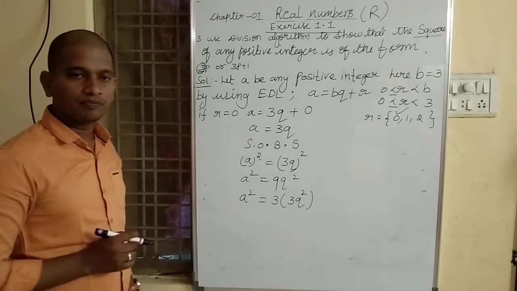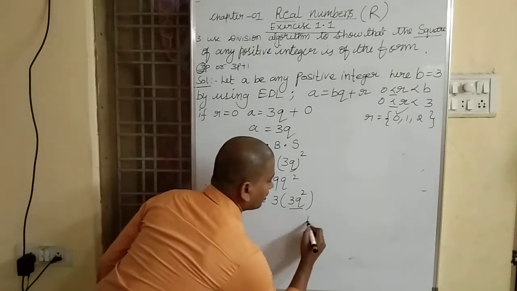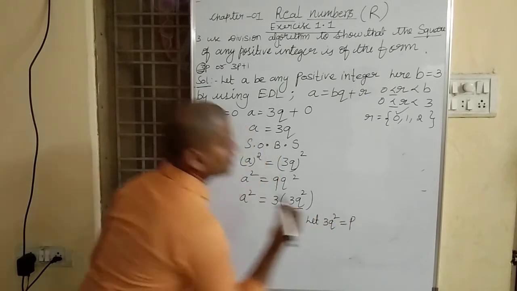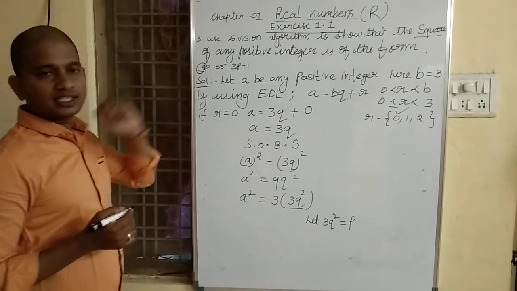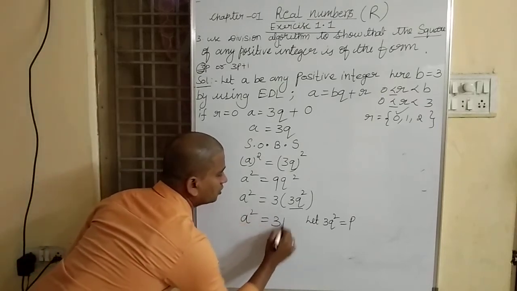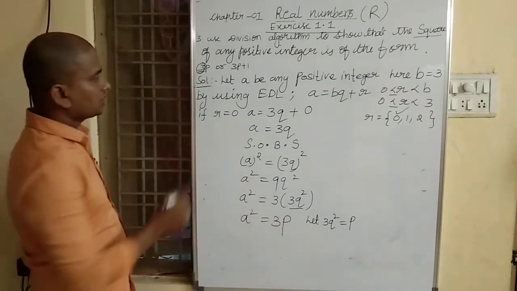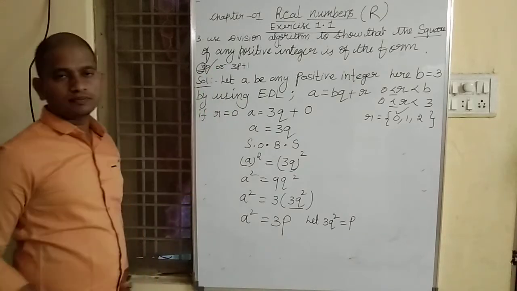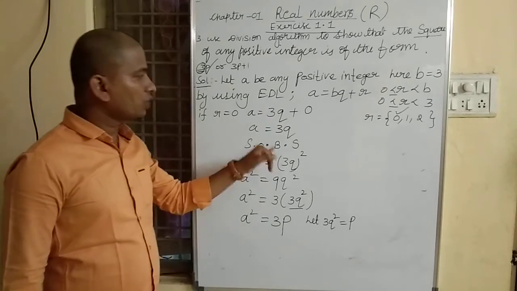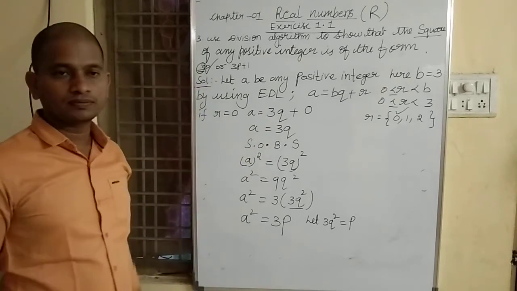So let this 3q square I consider as p. So I can write a square equal to 3p. See, I got the first value, 3p, which is of the form 3p or 3p plus 1. When I substitute r equal to 0, I got 3p.